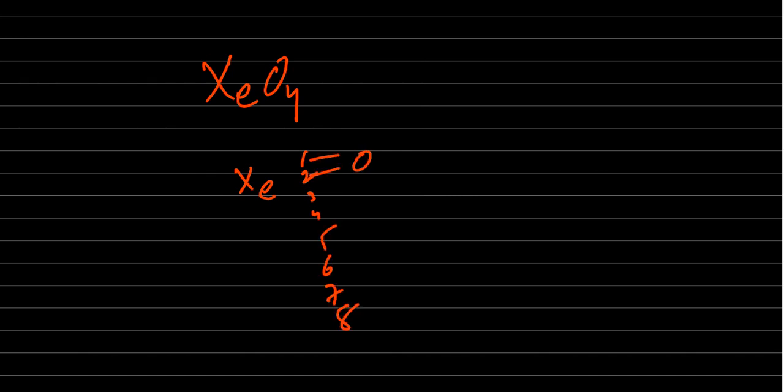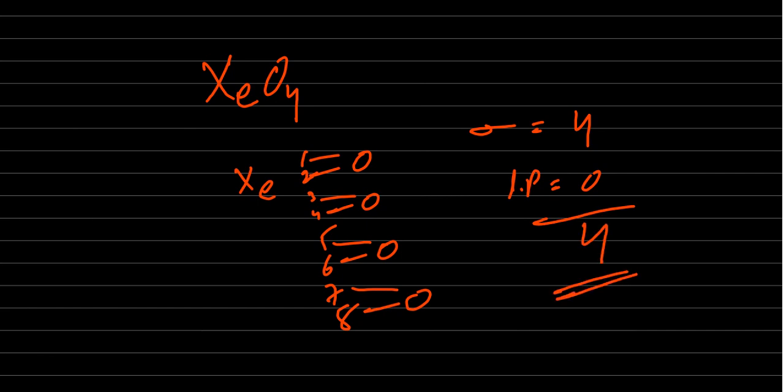Like this you can write the hybridization and structure of any given compound. Suppose I am taking XeO4. Xenon has 1, 2, 3, 4, 5, 6, 7, 8. Each oxygen requires 2 electrons. Now sigma bonds: 4 oxygens means 4 sigma bonds, lone pair 0, total 4, no lone pairs, that's why tetrahedral. The short symbol is TD. Or you can take SCl2.